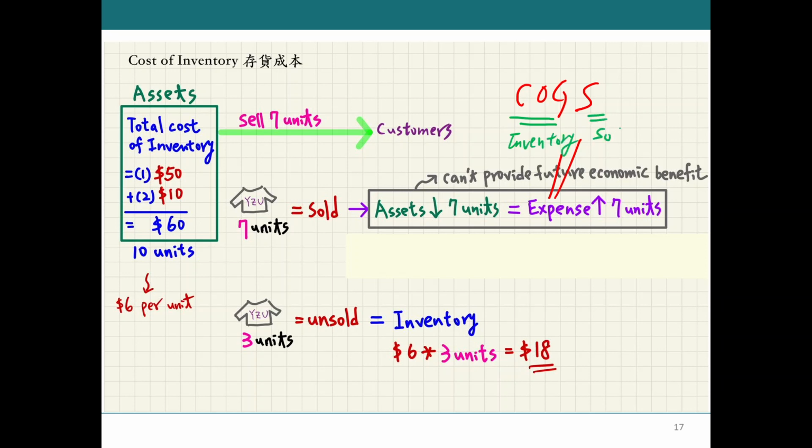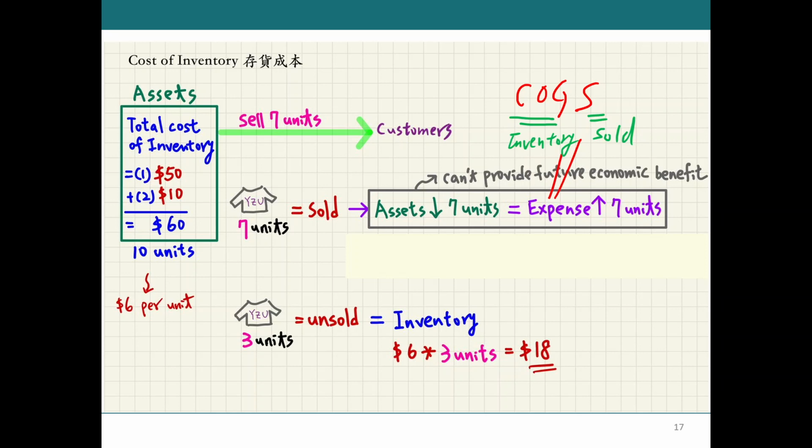Sold means you sold to customers already. So for expenses related to inventory, we use cost of goods sold, 销货成本, to describe. That's our expenses about inventory, okay?